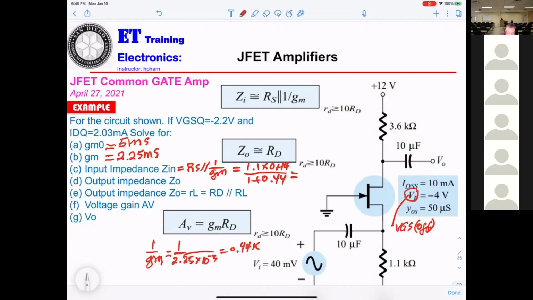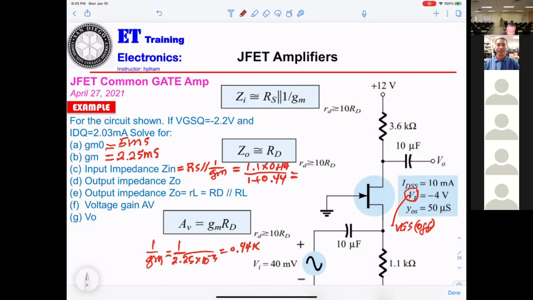So what do you get? For my calculation, I get 0.34.